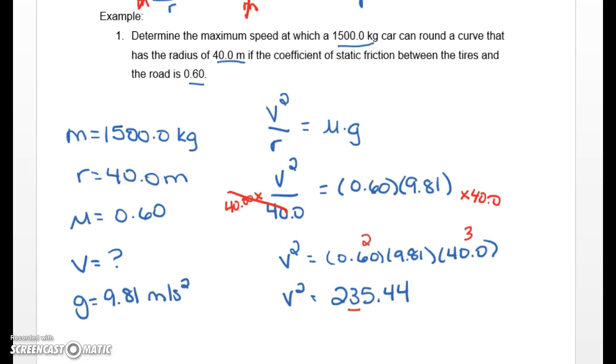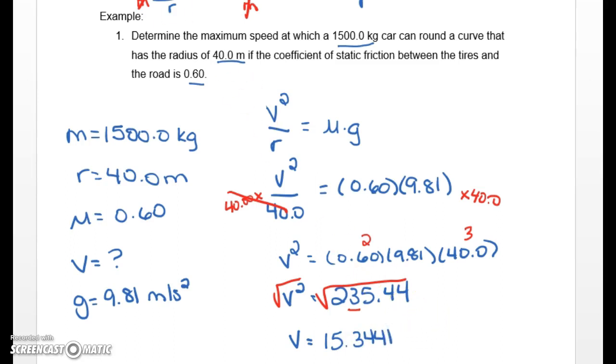All right, so we're actually not done just yet. So here we have speed squared, but we want just our speed. So to get rid of a square, you're going to square root both sides. So if you plug that into your calculator, you should get a value of 15.3441.